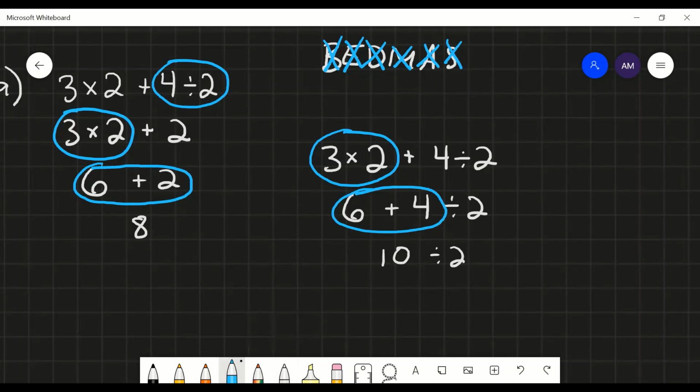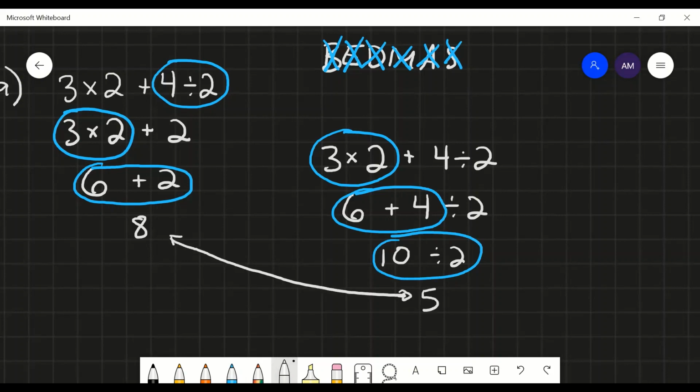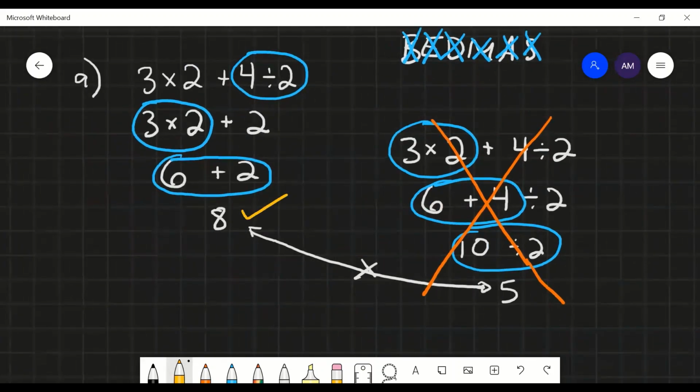And then 10 divided by 2 is 5. Notice that we did not get the same answer. And that's why the order is important. If you don't do math in the proper order, you might get the wrong number. So this is incorrect. But this way over here is correct.